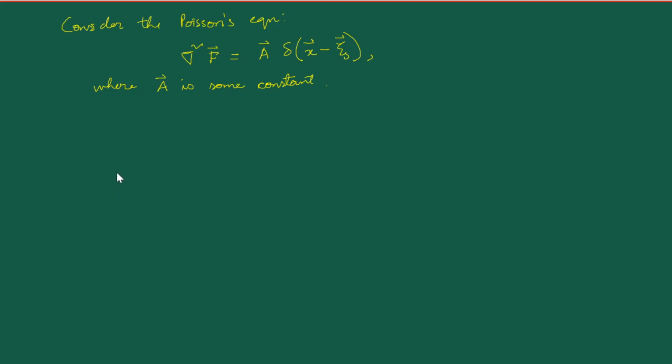Now we also must understand that this xi vector is the position vector of a certain fixed point in space. So this xi vector is the position vector of a fixed point.